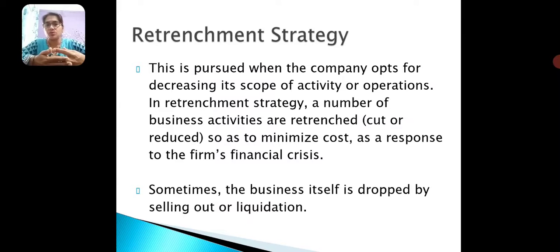So with any issue regarding any of the business units, at the corporate level they may go for this retrenchment strategy. First they may go for downsizing, which means they would reduce the operations by, say, cutting down the employees or reducing the resources they are putting in. Or sometimes they may go for divesting.